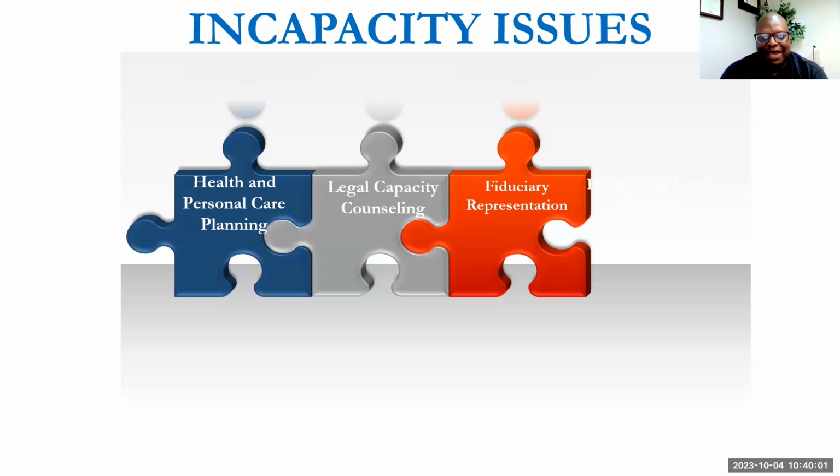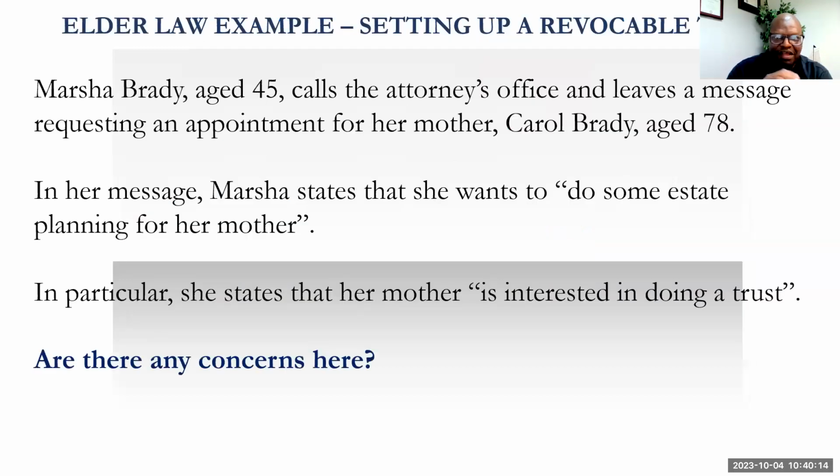Incapacity issues. So I kind of put 3 of these together. Health, that's the advanced directive, right? Your legal capacity counseling, your power of attorney, and then fiduciary representation, guardianship.